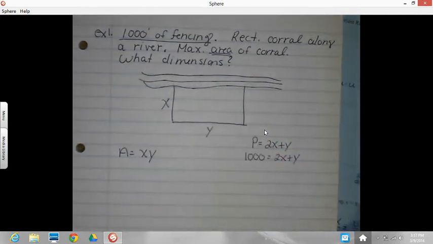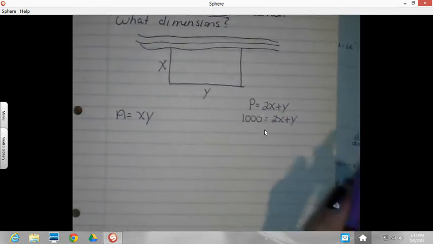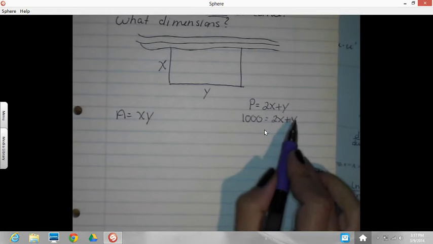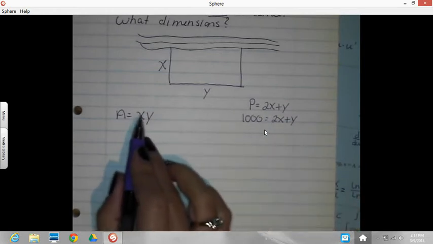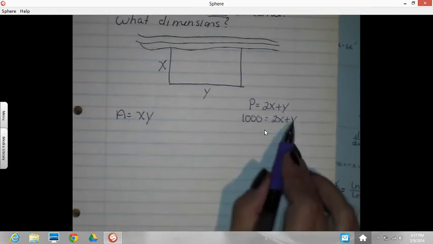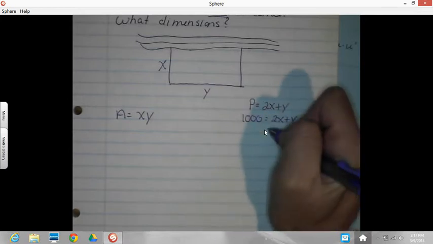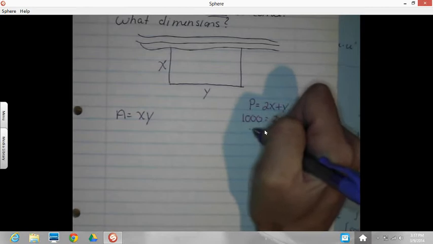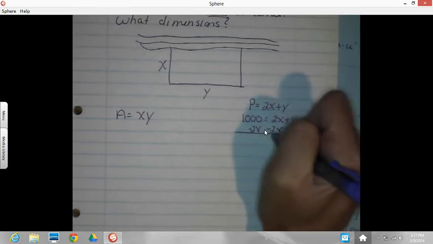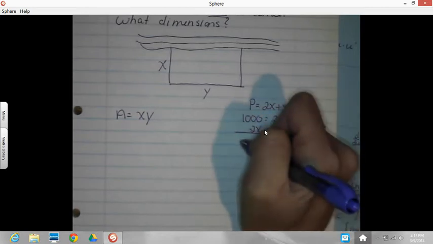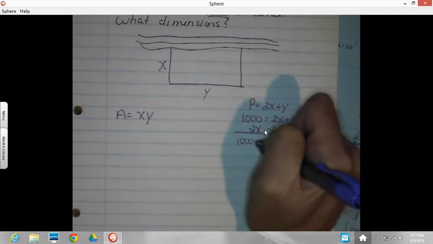So now what I can do is either solve this for x or solve this for y so that I can substitute back over here. And I think it's easiest for me to just solve for y by subtracting the 2x from both sides. So I've got y equals 1,000 minus 2x.